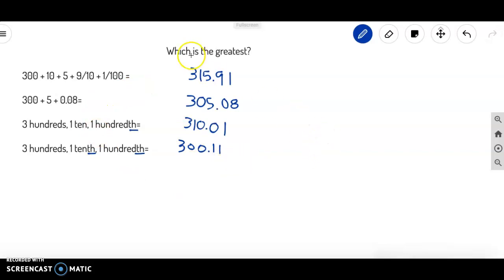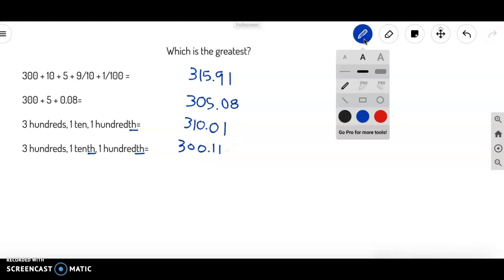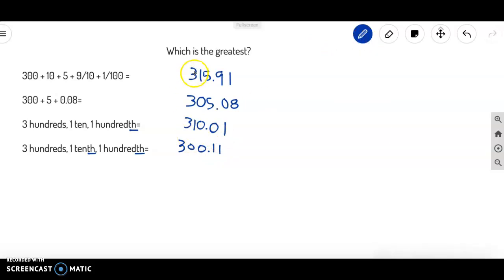The easiest way to compare them is to start at the largest place value holder in each unit and go down the list and see if we can find just an easy difference. So I'm going to go down the line here. All 4 have 3s in the hundreds place, so I can't change that. So I have to go over to my next place value, which is the tens place. I have a 1 here, a 0 here, a 1 here, and a 0 here.